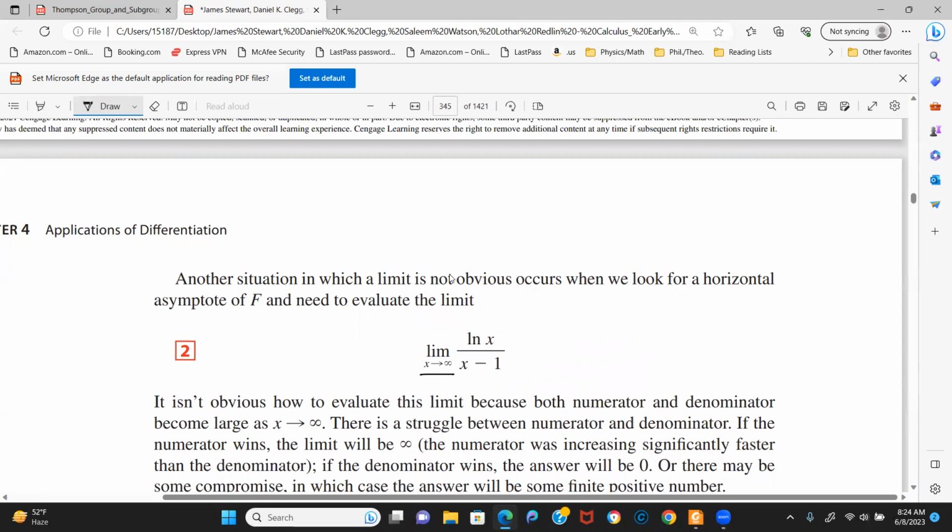So we've already looked at curve sketching. We've looked at how the derivative tells us where we're increasing, decreasing, and where we can have local minimums or maximums, where we can have concave up, concave down, inflection points, all of that. That gives a really good idea of the shape of the graph.